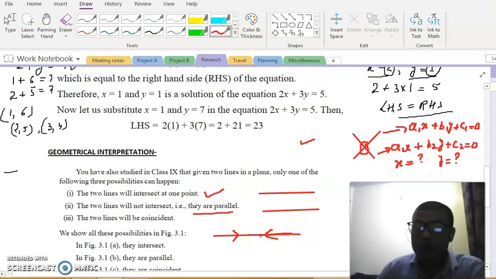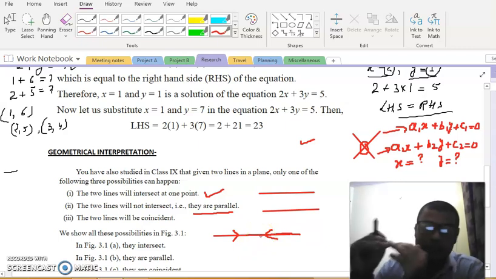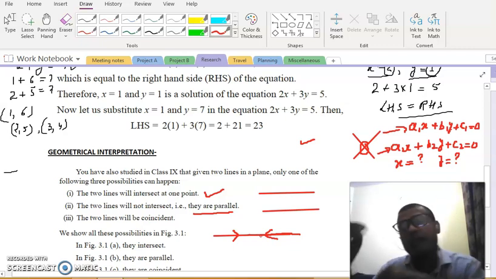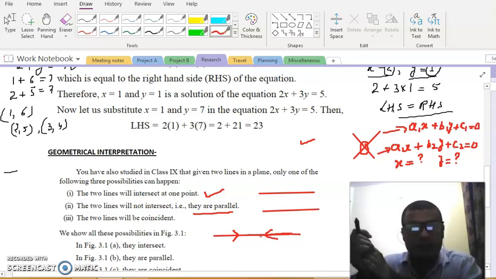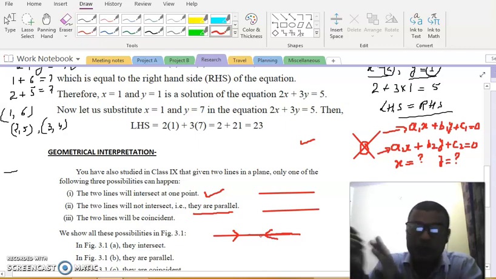And what about the solution? As the path is the same, there is no condition like they are intersecting or parallel. So in this kind of case, infinite number of solutions exist for the system of equations.